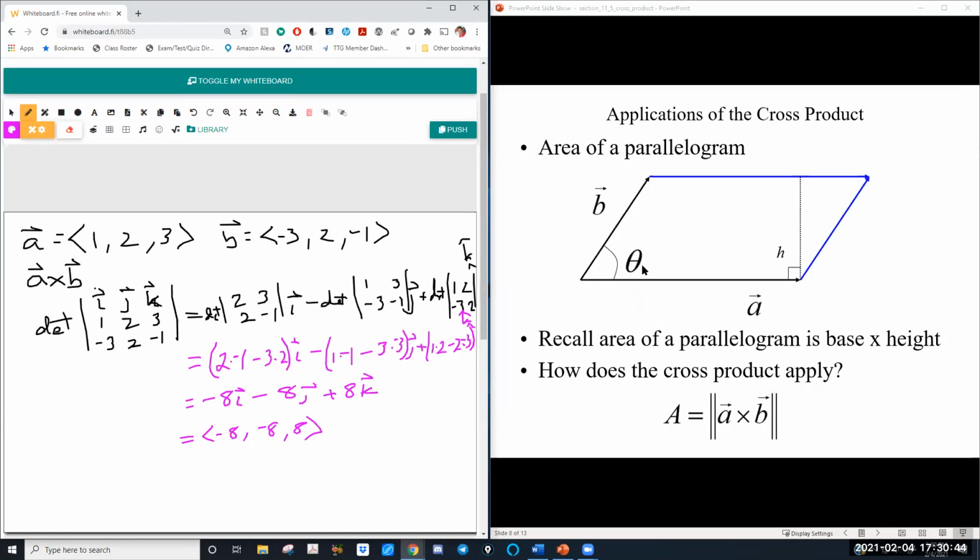And if you have the angle, you could use the geometric definition. If you don't, if A and B are given in component form, you do the cross product algebraically, and then you take the magnitude, which is the square root of the sum of the squares of the components, like we saw in the last lesson. All right. So a lot of the stuff just kind of builds on what we've been doing.